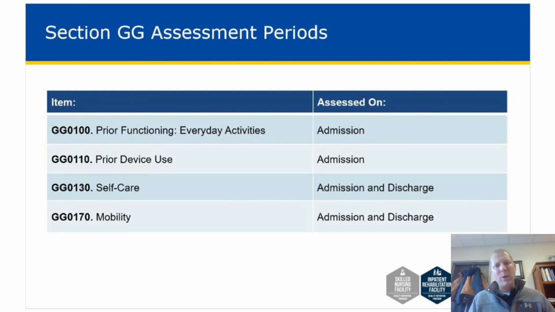But the takeaway point I want you to get from this is there is an admission score, and then for self-care and mobility, there's also a discharge score. So you're doing a pre-test and a post-test, and looking at these scores to determine the quality of services that you've given.